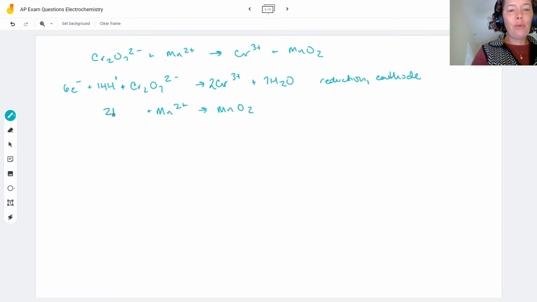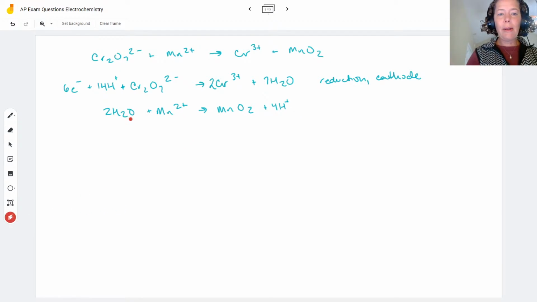So I need 2 waters on this side. All right, so now I'm going to use H plus to balance my hydrogen atoms. So that is 4 H plus on this side. And now I need to balance my charges by adding electrons. Now, because I have a reduction for my first half reaction, I know I've got to have electrons over here. The question is how many? So I'm going to look at the charges.